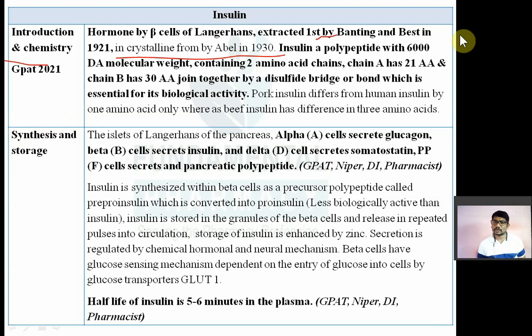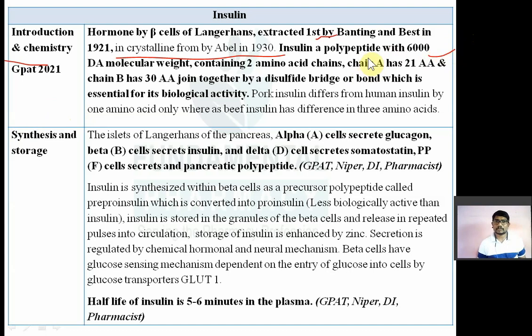So what is insulin? Obviously, it is a polypeptide consisting of 51 amino acids. Remember, insulin is a polypeptide of 6000 dalton molecular weight.